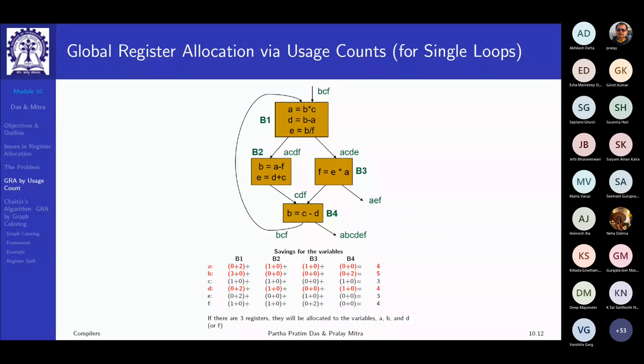So here I've marked A, B, D. But if I had 4 registers, I will take A, B, D, F. If I had 2 registers, I will take B and any one of A, D, or F. So this is a simple heuristic, but often works out to be optimal or very close to the optimal. Right? So that's a single loop.